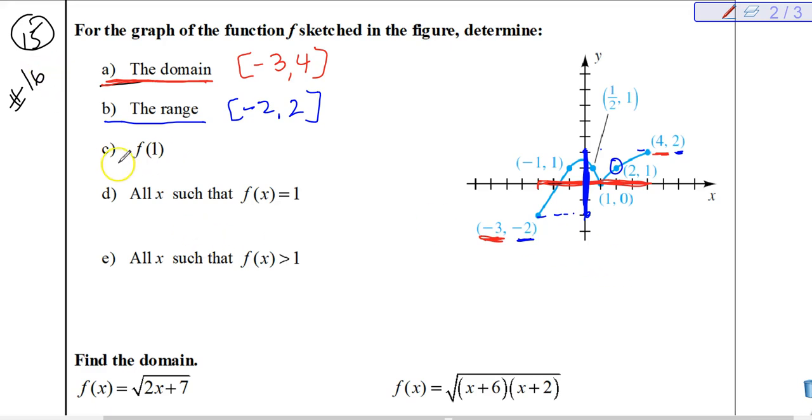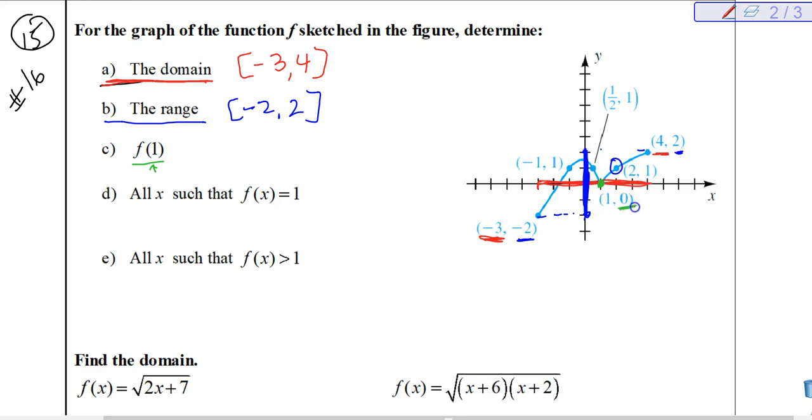Okay, let's take a look at this next one. You were asked to find f of 1. What does that mean? Y equals 1 or x equals 1? Doesn't that usually say f of x? So I'm substituting x with a 1. I'm going to come over here to where x equals 1. And what do I get out?